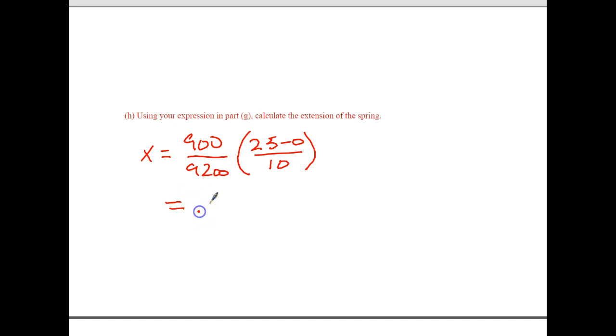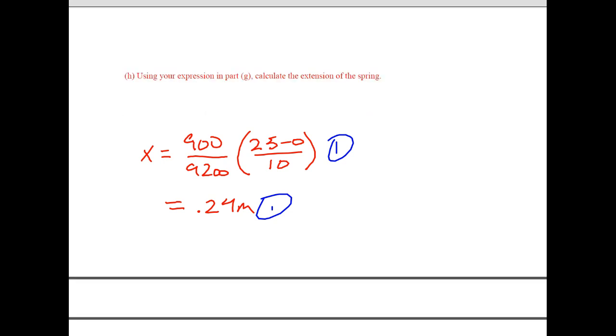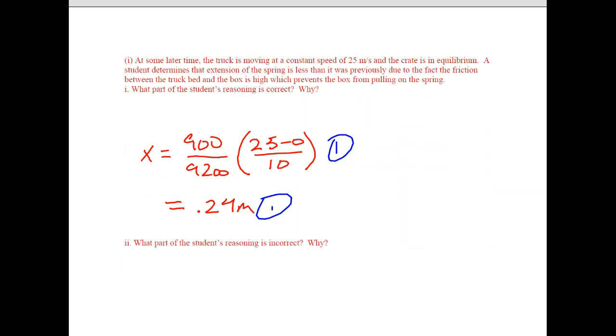And here it is, 0.24 meters, and that is the stretch of that spring. You would probably get 2 points for that, one for plugging everything in and one for your actual solution itself. For the next part, yes, there is a next part.